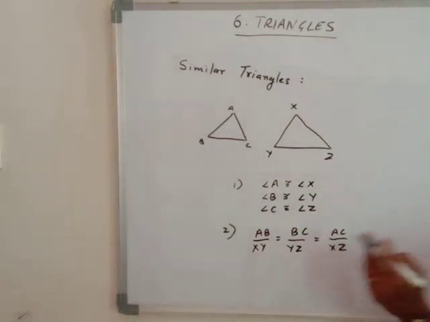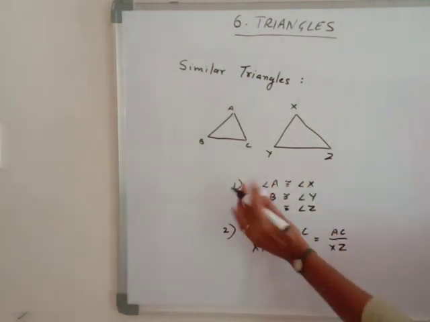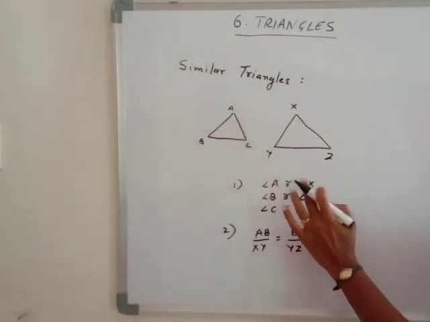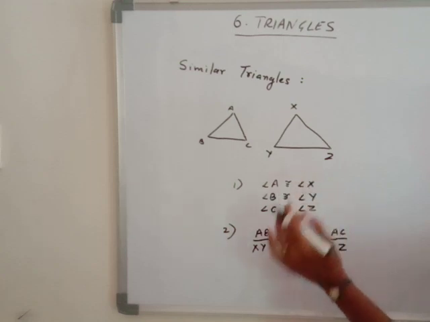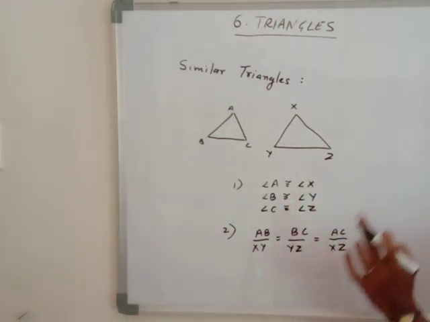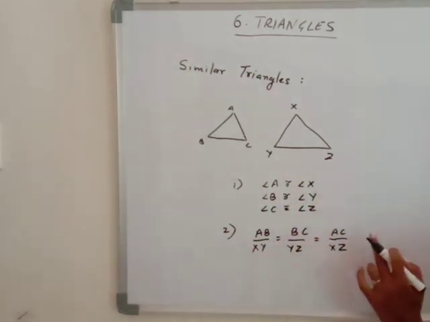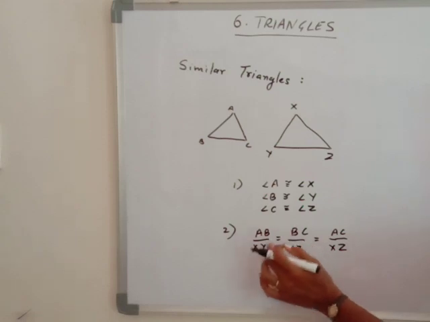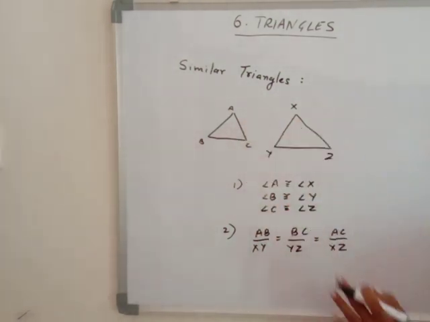Or you can write ZX. All is correct. Okay. So what is the first condition? Corresponding angles must be congruent and corresponding sides must be in the same proportion. If the sides are equal, then both will become congruent triangles.